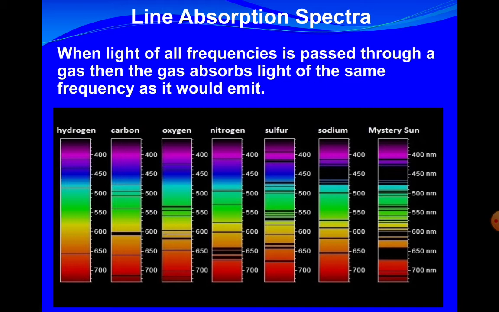That means that one red, one light blue, one dark blue, and one violet are being absorbed, and the rest is passing through. When we move up in the periodic table, depending on the atom, we see more and more black lines.